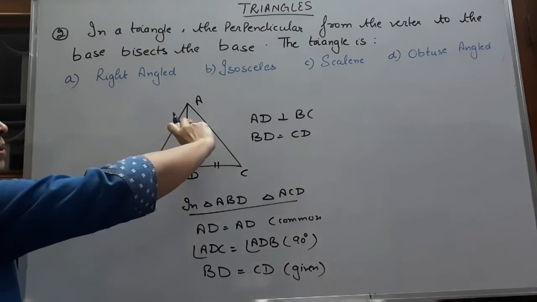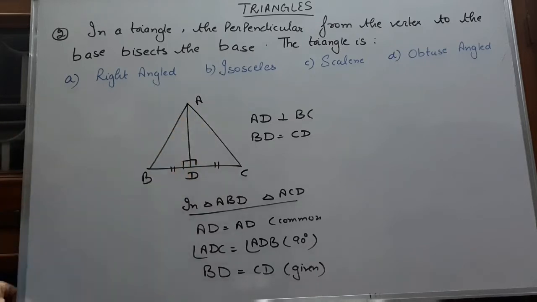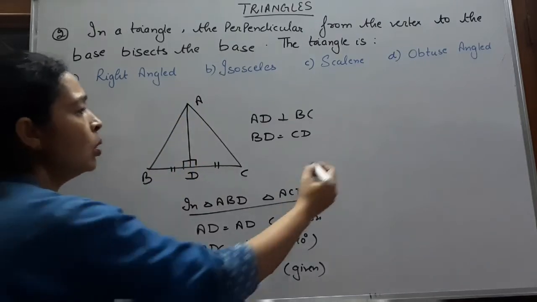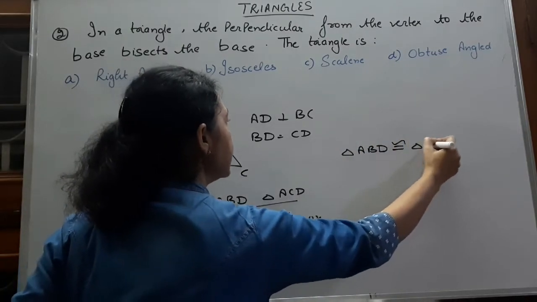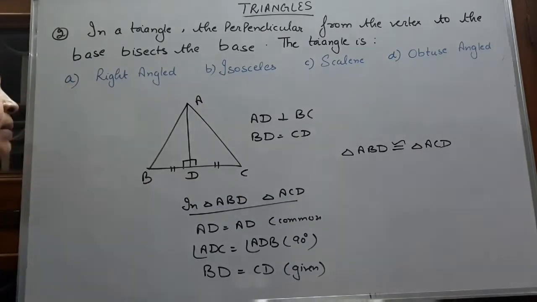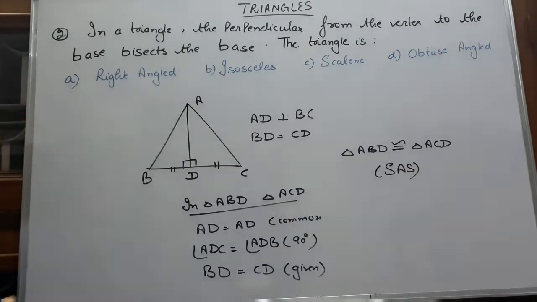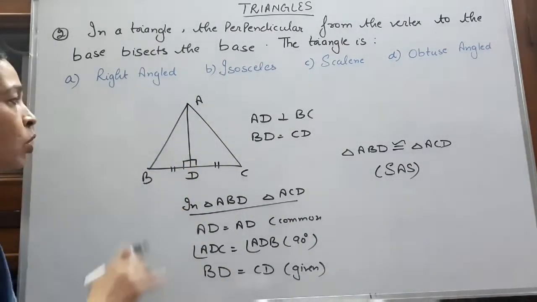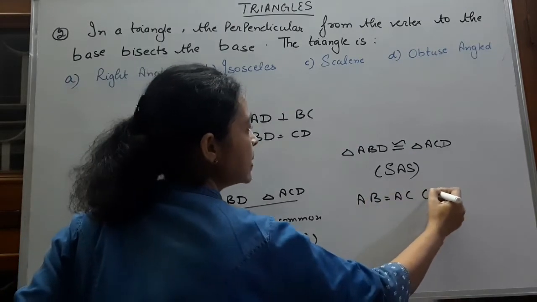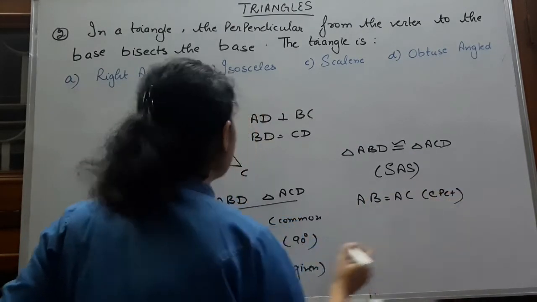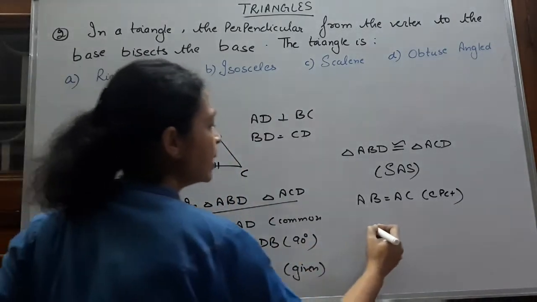These two sides BD and CD are equal, AD is equal, and the angle between them is also equal. So triangle ABD is congruent to triangle ACD. Both triangles are congruent by which criteria? SAS. Now, when two triangles are congruent, the remaining parts are also equal. So, AB equals AC by CPCT. If AB equals AC, it means ABC is an isosceles triangle.